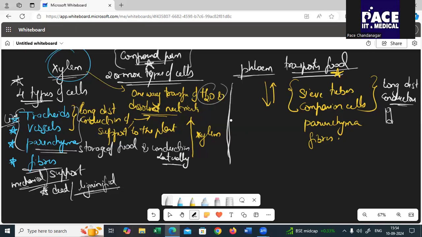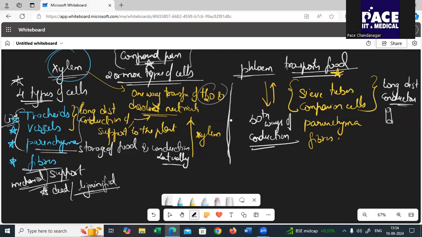In case of need, the food which is stored inside the ground as roots will also be brought back to the plant and utilized. So thereby phloem conducts food in both ways, downward and upward.